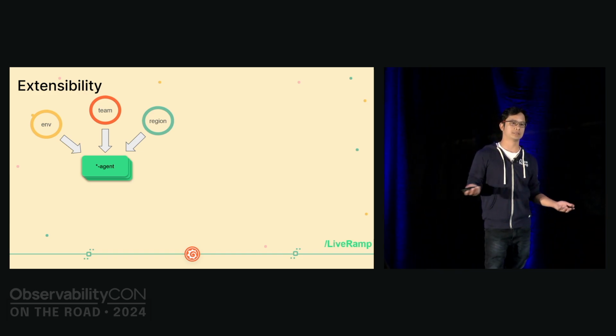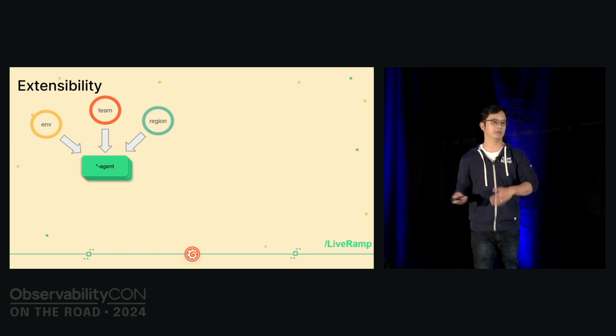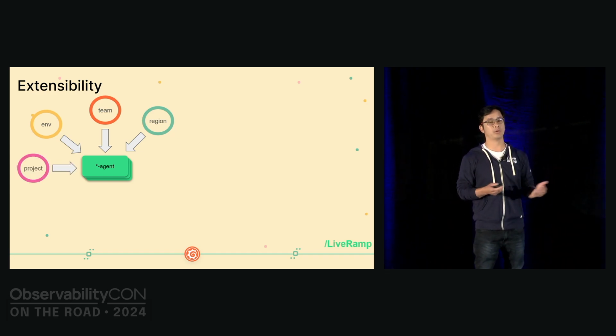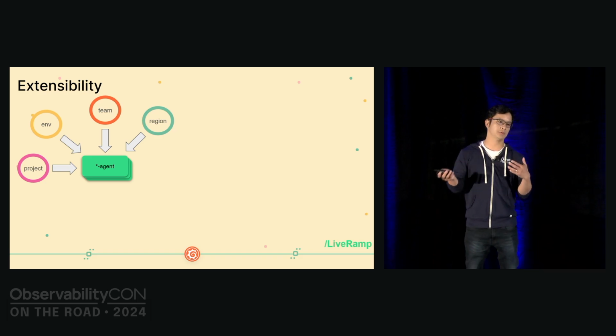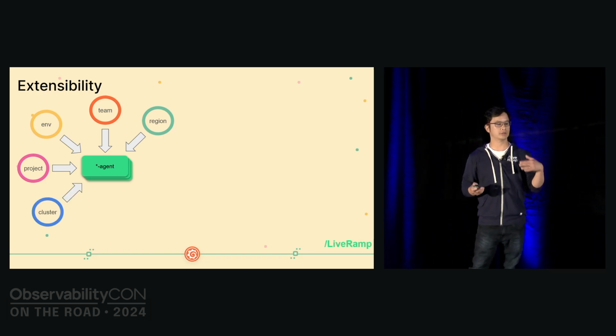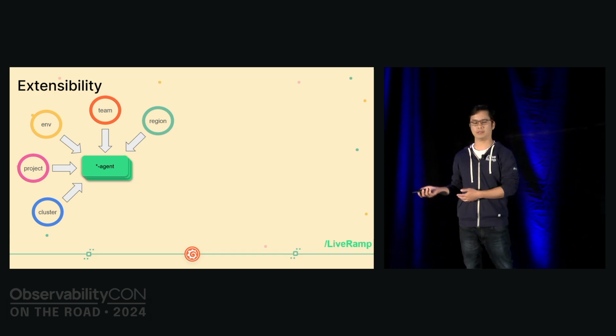Of course, when you have excessive labels, then it'll be costly, but we're not doing that. So we do give them the ability to say project. Hey, what project, GCP project in this instance? And then also what cluster this is, what Kubernetes cluster.